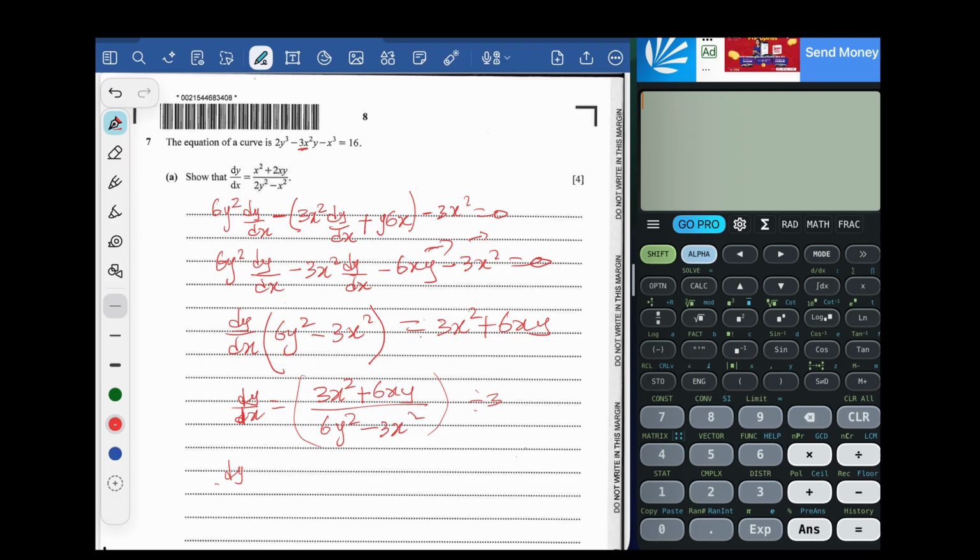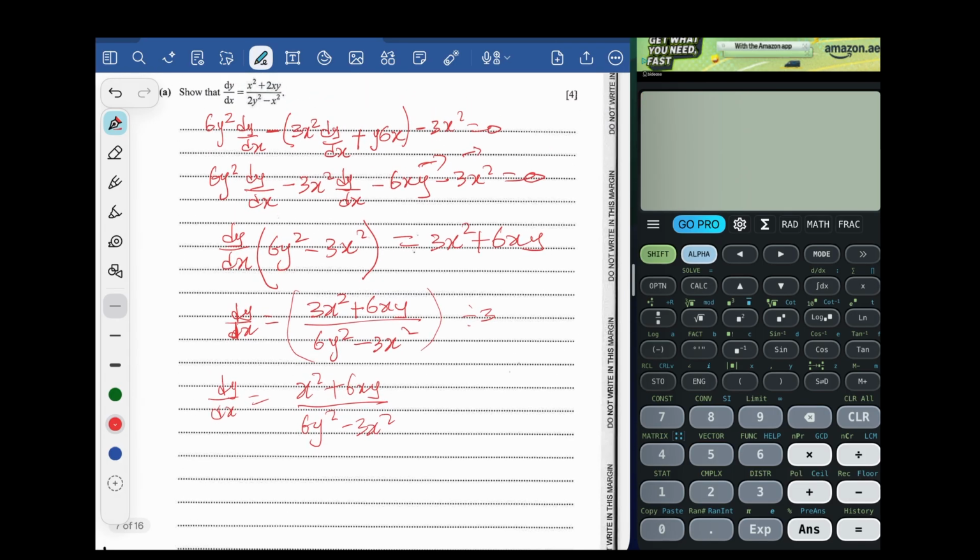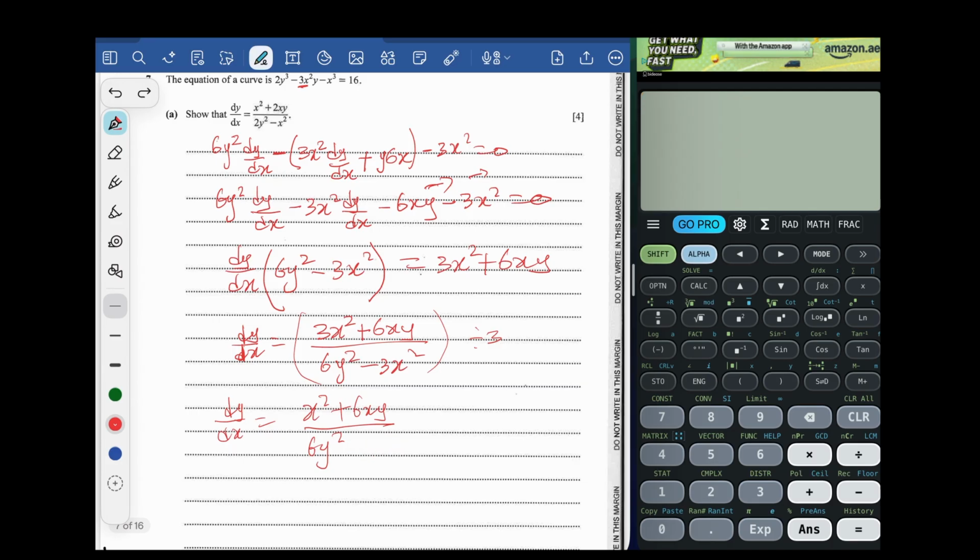That gives me dy/dx equals x squared plus 2xy over 2y squared minus x squared. Dividing by 3, here it is 2. So I hope that's clear.